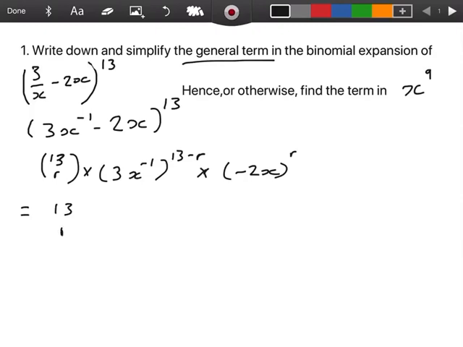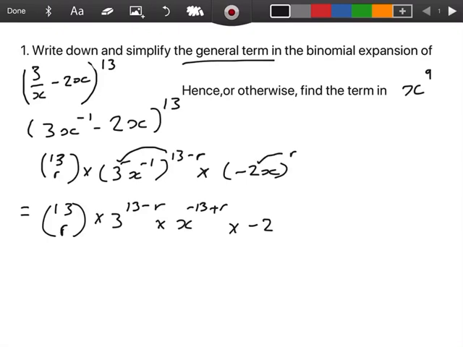Now that becomes 13Cr times 3, we bring that over here to the power of 13 minus r, times x to the negative 13 plus r, times negative 2, bring that here, negative 2 to the power of r, times x to the power of r.